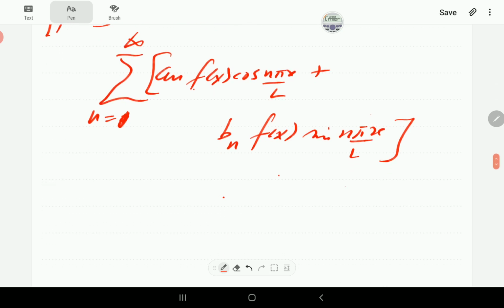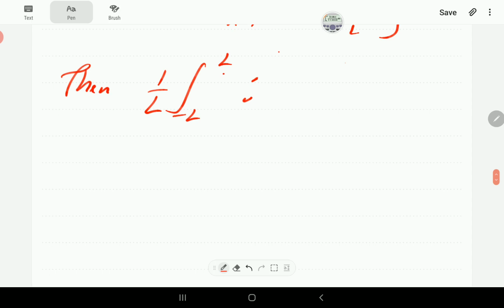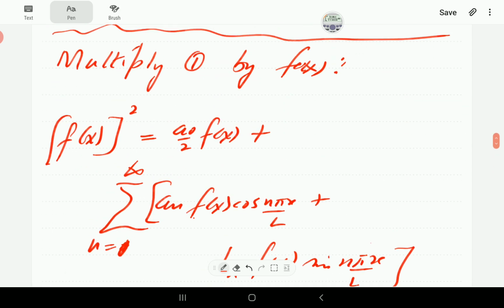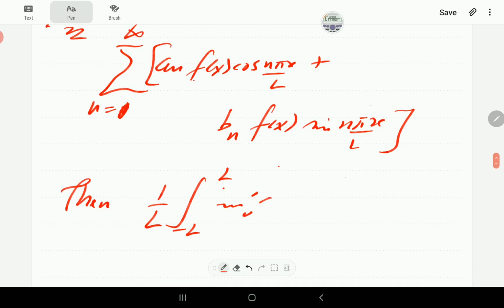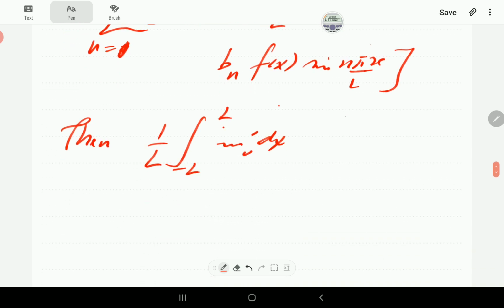Then we are going to integrate. So we are actually going to multiply by 1 over L and integrate from minus L to L. Every term I multiply by 1 over L, and I want to integrate with respect to x.